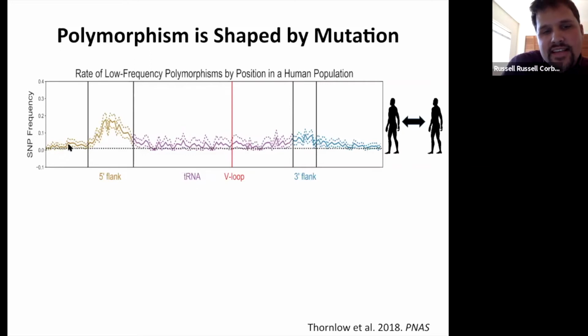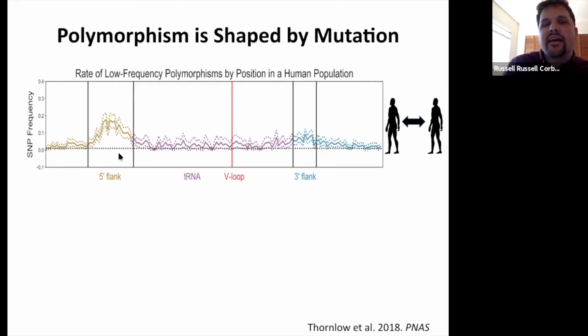And what you can see is that the 5' and 3' flanking regions, which again are transcribed but are removed enzymatically, do have a super high rate of these SNPs. And the tRNA gene itself is also fairly high when you compare it to the genome-wide average, which is this dashed black line along the bottom here.